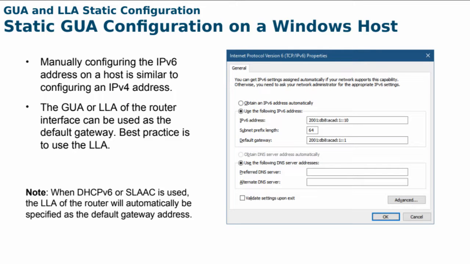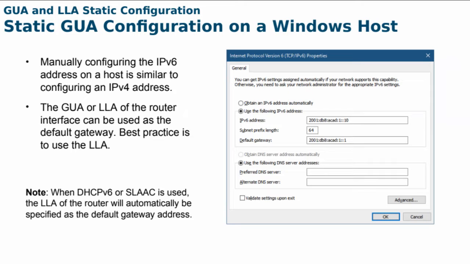You can do static GUA configuration on a Windows host manually, same like how you configure your IPv4. Okay, it's similar to IPv4. For the default gateway, it will be the LLA address of the router.